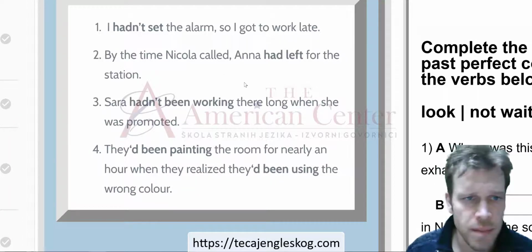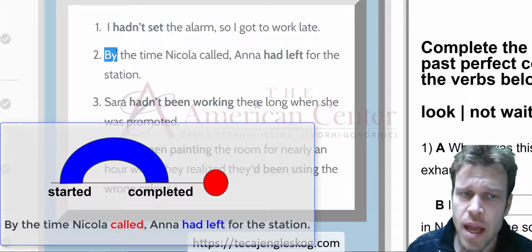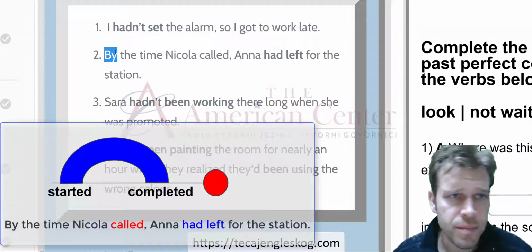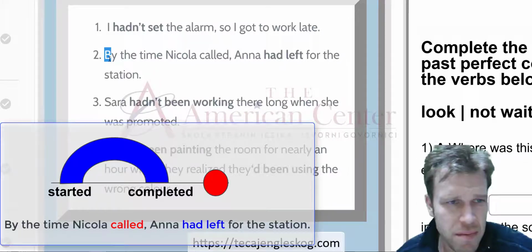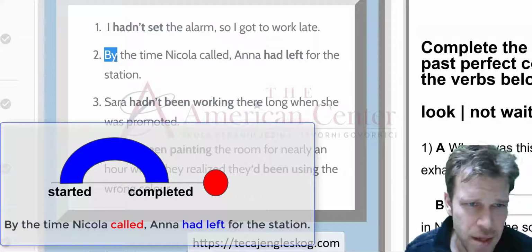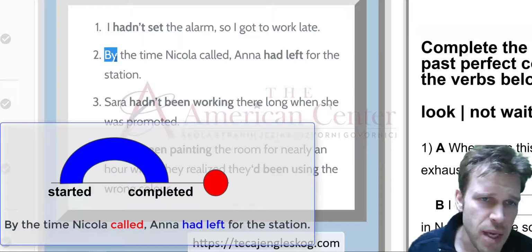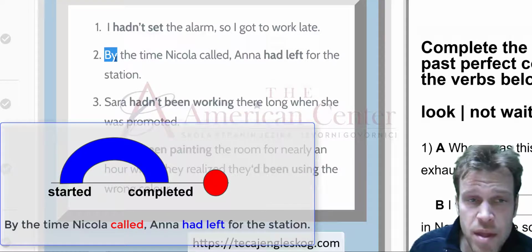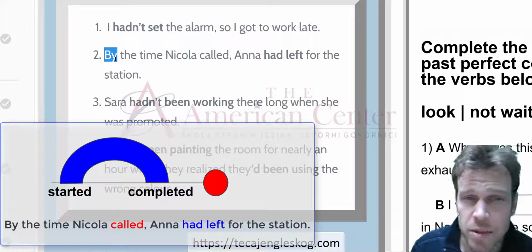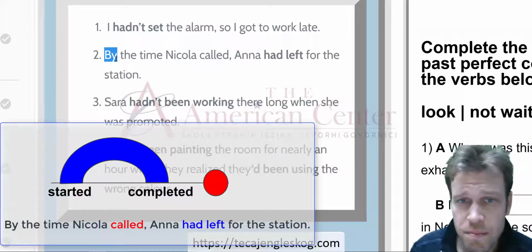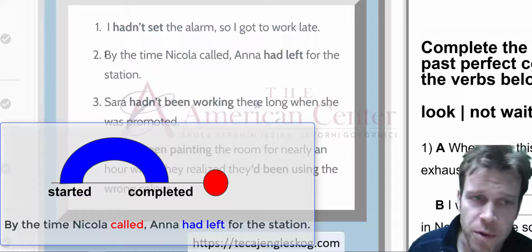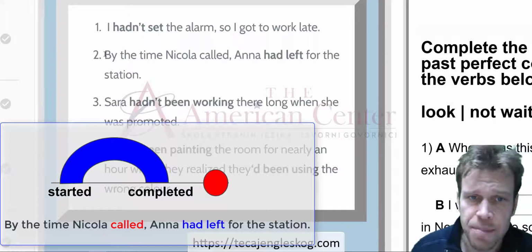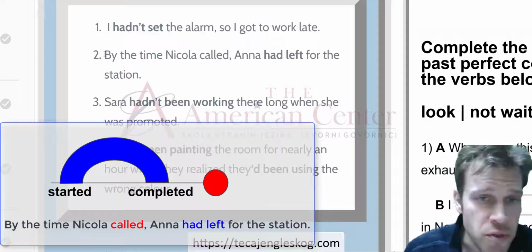Pretty simple stuff, okay? Now, by the time Nicola called, as I had written earlier, you see we use by the time. This is a common adverb time clause we like using with perfect, past perfect and when we get into future perfect. So you'll see this by the time come up again, so get used to it.